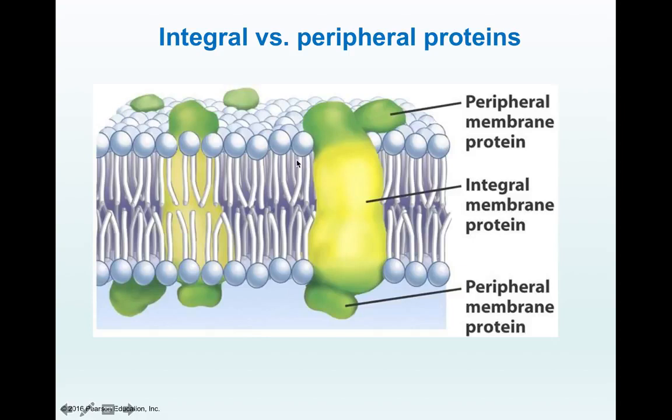The central region, which is interacting with the fatty acids, is also going to carry characteristics similar to fatty acids, which are considered to be hydrophobic or lipophilic, as in they like to interact with fat, lipophilic, but do not like to interact with water, hydrophobic.